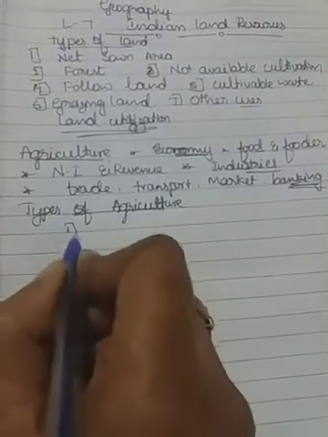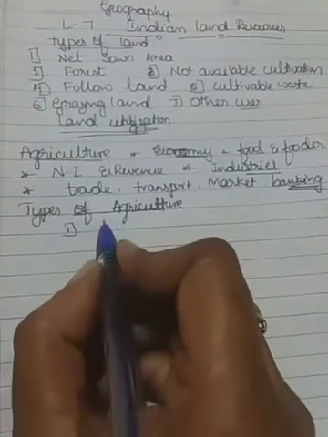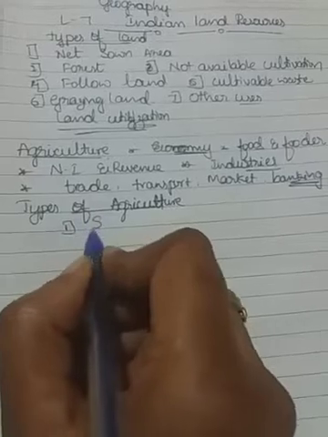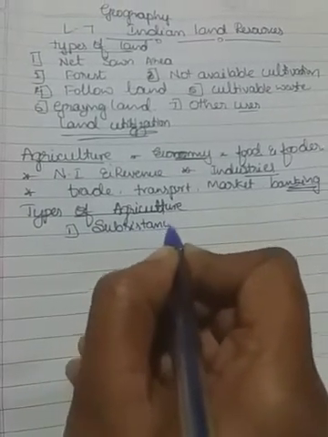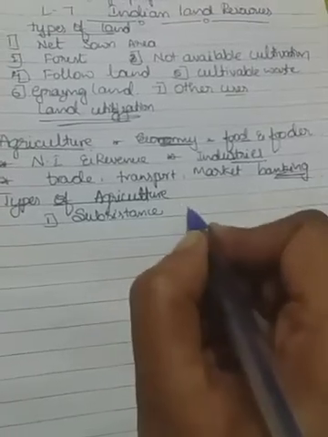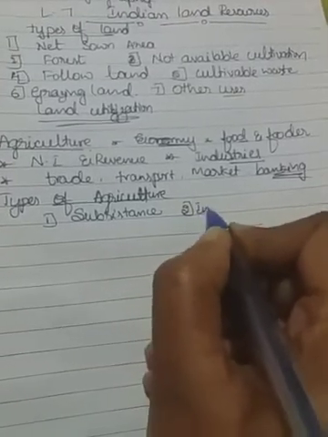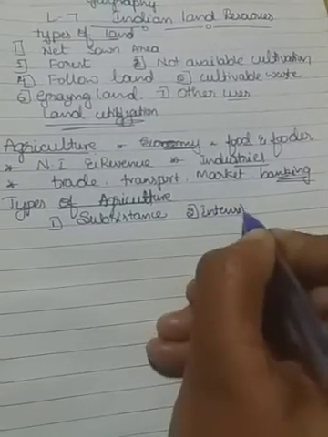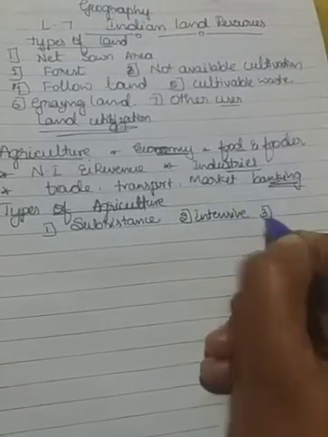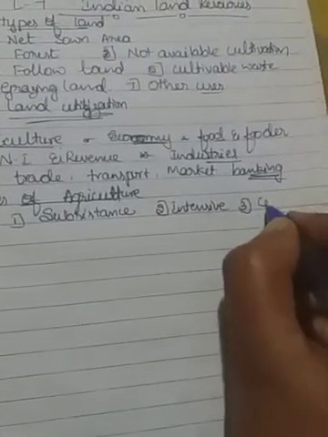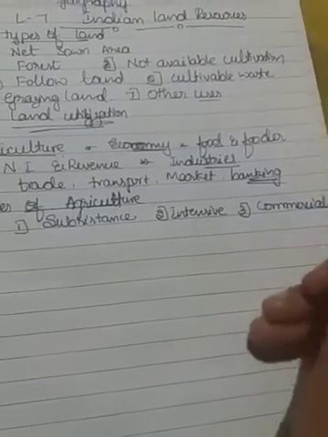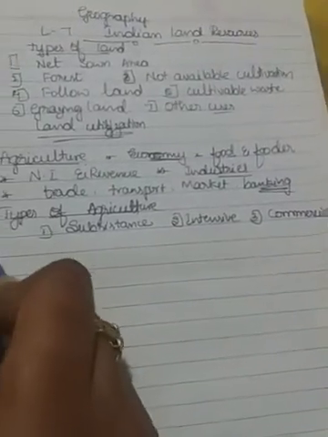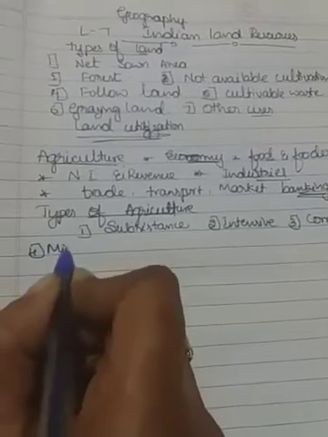The first kind of farming is subsistence farming. The second one is intensive farming. Third one is commercial farming.